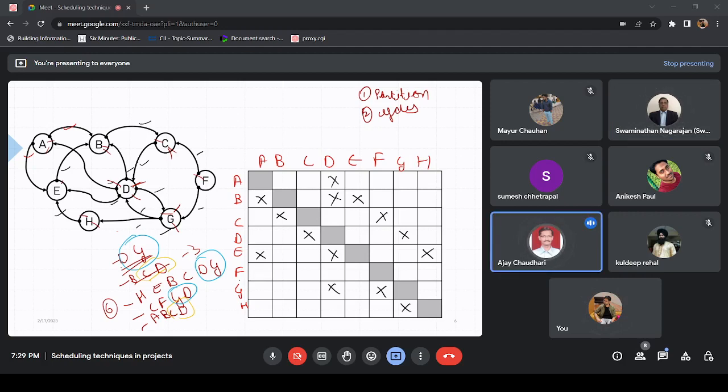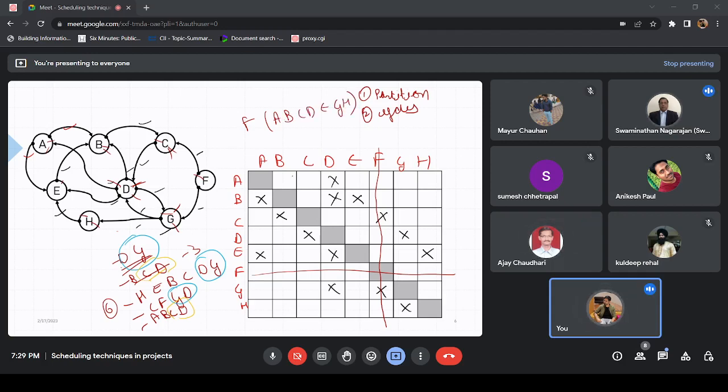So with F you can say that F will go to the front. F will go to the front and the rest of the activities A, B, C, D, E, G, H, you don't know what to do with them right now. So they become your active matrix.